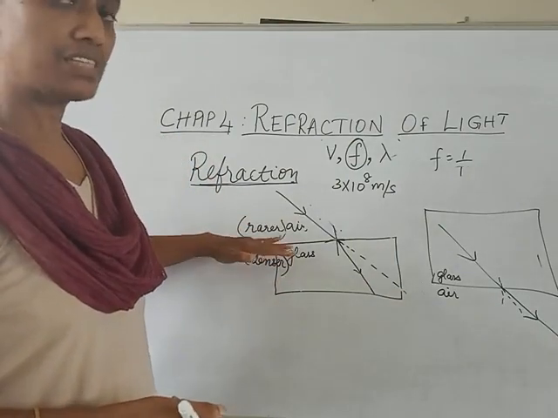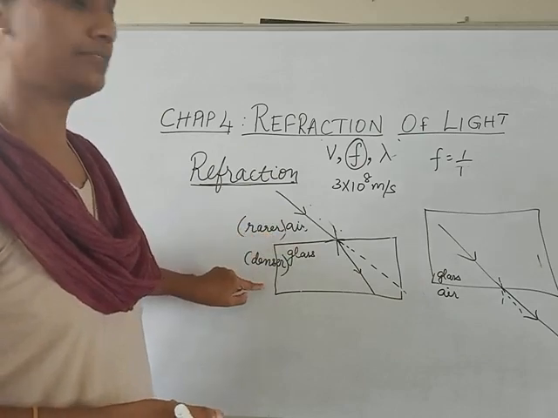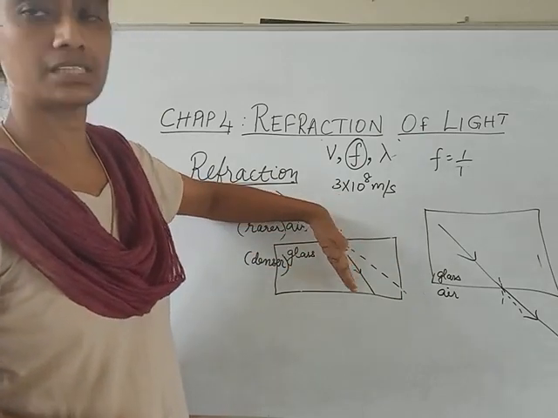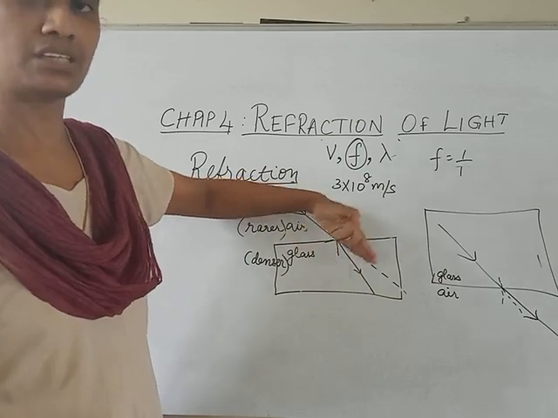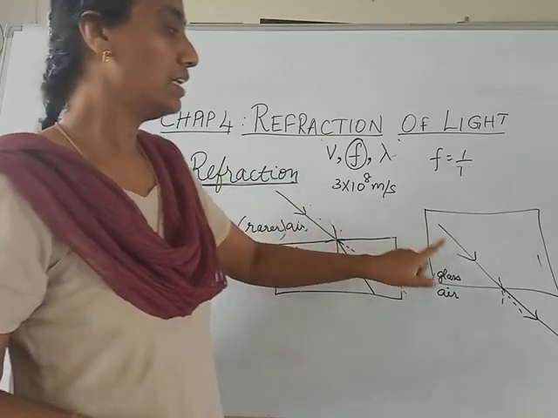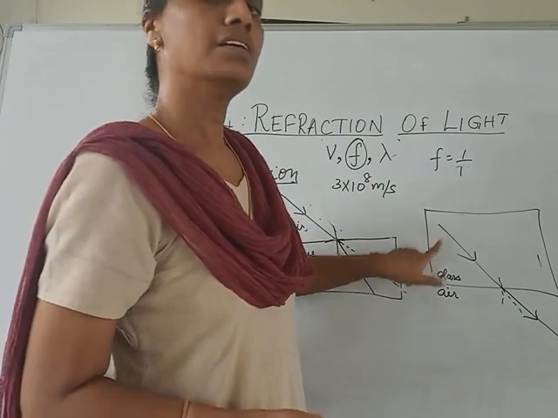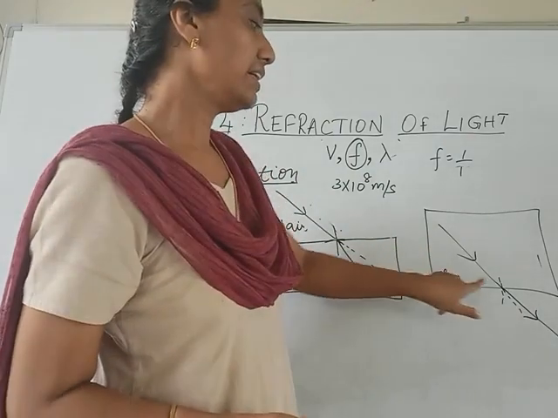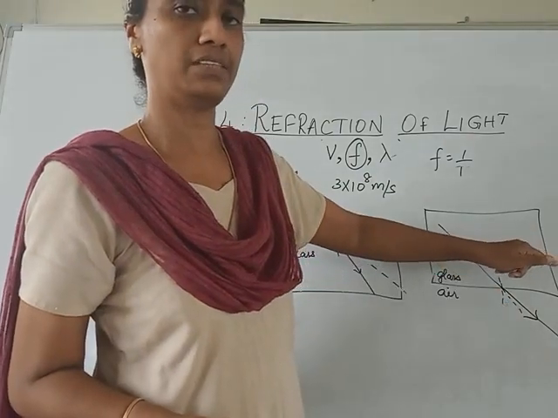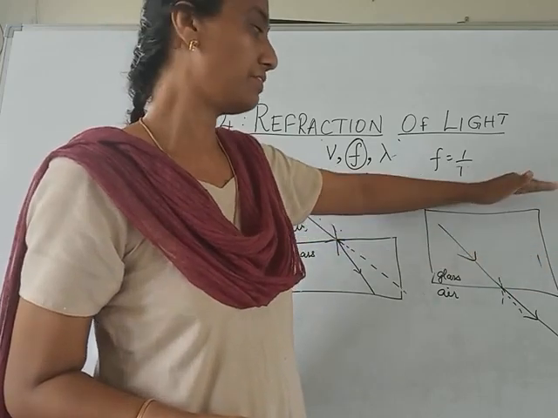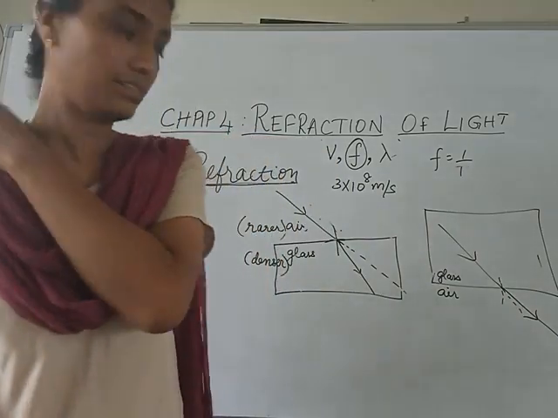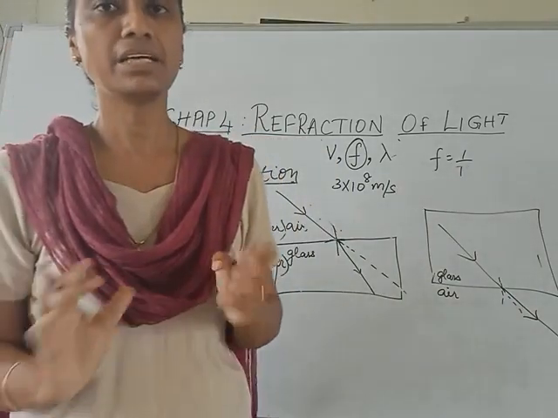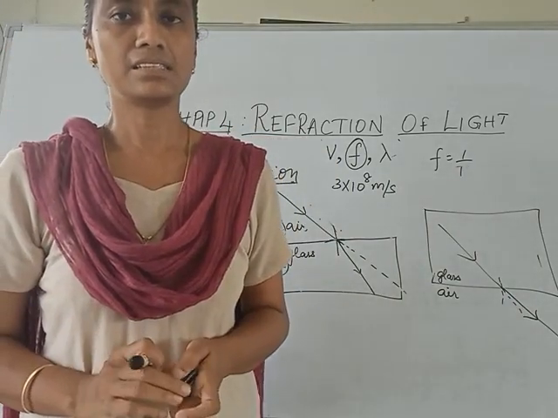Whenever light travels from rarer to denser, it bends towards the normal. Okay, shorter path basically is towards the normal. Whenever a light ray travels from denser to rarer, it bends away from the normal. That means it's a longer path. Hope you have understood, got some idea about refraction.